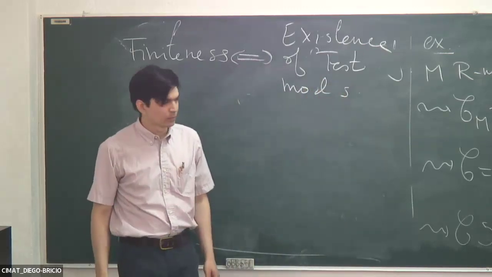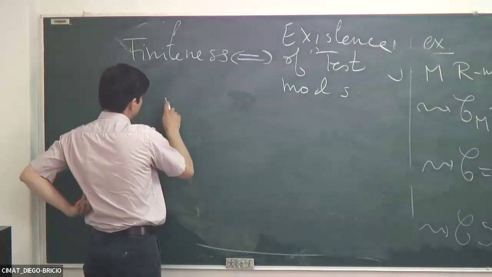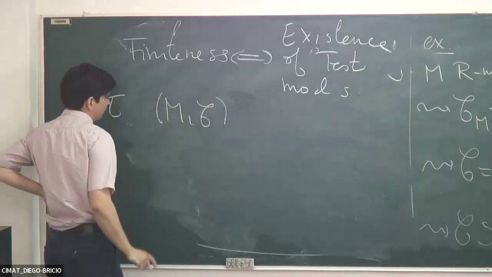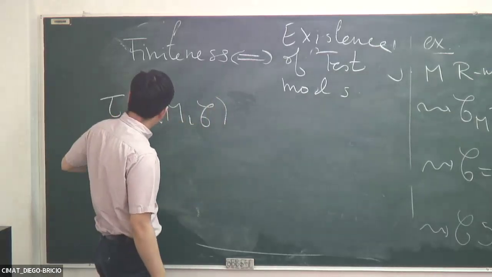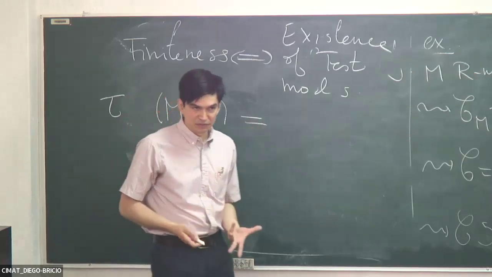So if you have a Cartier module, let me call it like this, to this you can attach a test module. Actually, the test module is an invariant of the crystal.